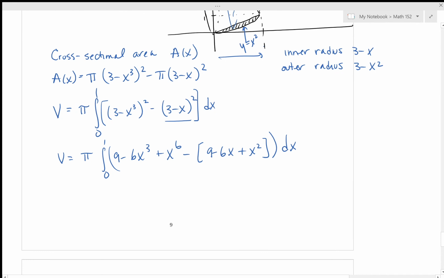That's the integrand there. And I can maybe simplify a little bit, combining some like terms, and maybe reorganize: plus x to the 6 plus 6x minus x squared dx. Okay, so now I have a very simple integral. It's just a power rule on each one of those functions, and then I have to evaluate at 0 and 1. And so I went through that whole procedure, and what number did I get?